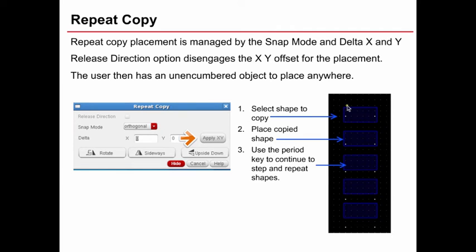And then notice here, if you use the period key, you could use it to step and repeat. Again, you have rotate sideways, upside down. Now, release direction. Notice here that release direction option disengages the XY offset for the placement. So if you wanted to just place, move it anywhere, place, anywhere, offset, place, then that would be release direction.